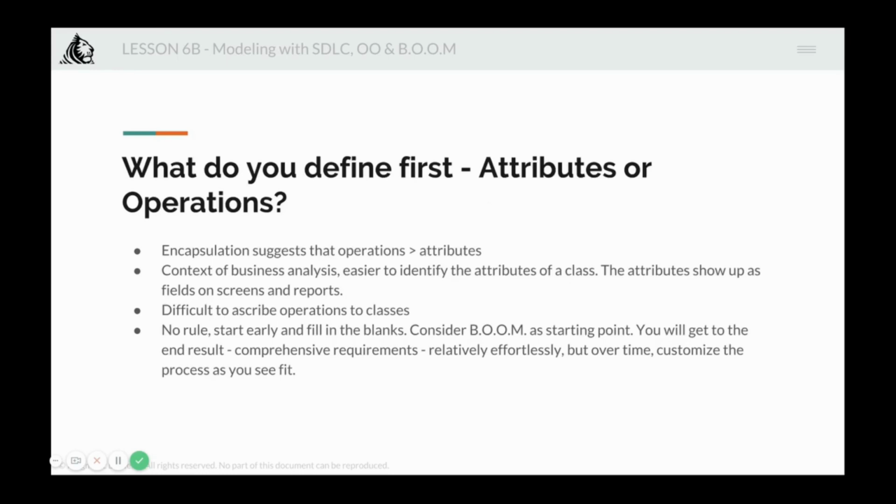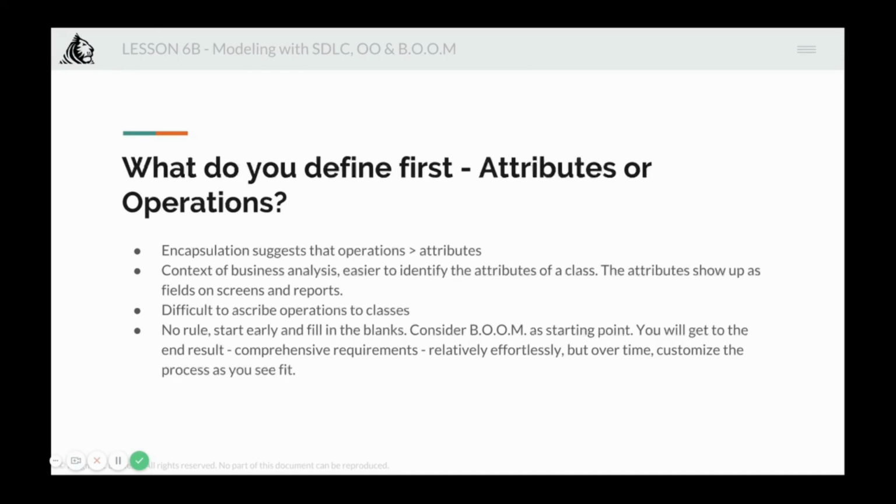However, within the context of business analysis, or what you will be doing, it's usually easy to identify the attributes of a class. The attributes show up as a field on screens and reports, and it's often fairly obvious what class of objects they describe. Ascribing operations to classes is not quite as easy, and I like to do the easy thing first.